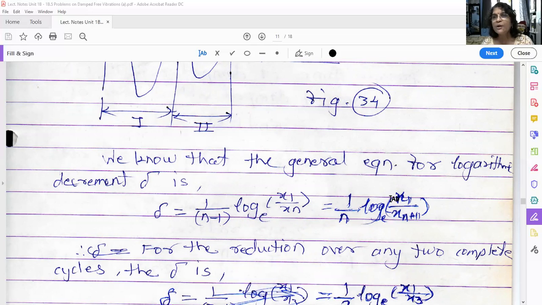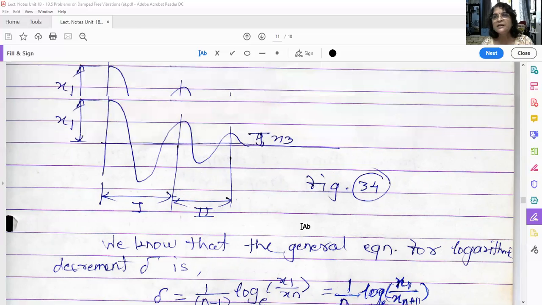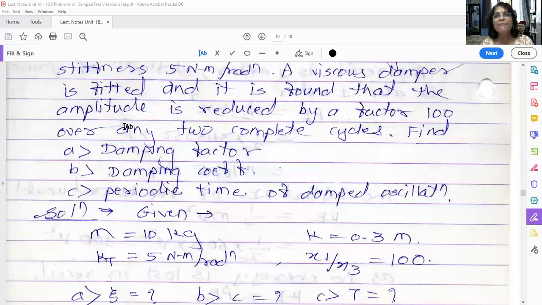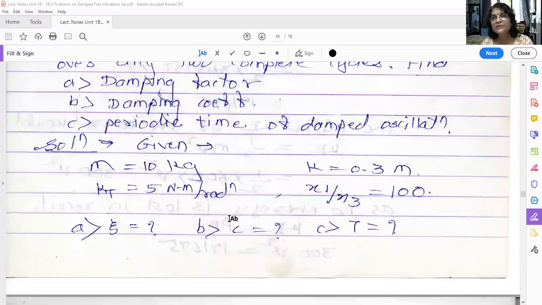Now come over 2 cycles, what does it mean? Read this sentence, very important. It is found that the amplitude is reduced by a factor 100 over any 2 complete cycles, meaning the number of cycles is 2. So how will you write this formula?